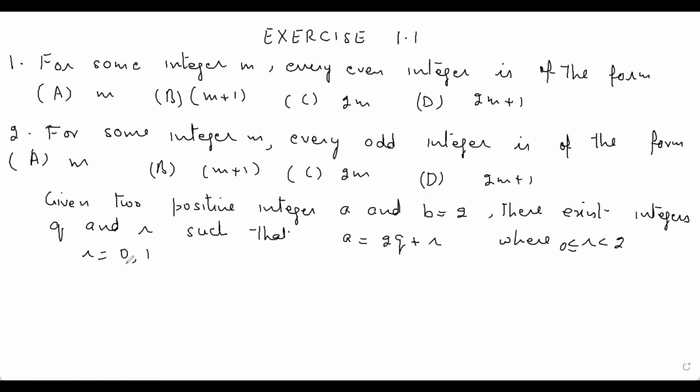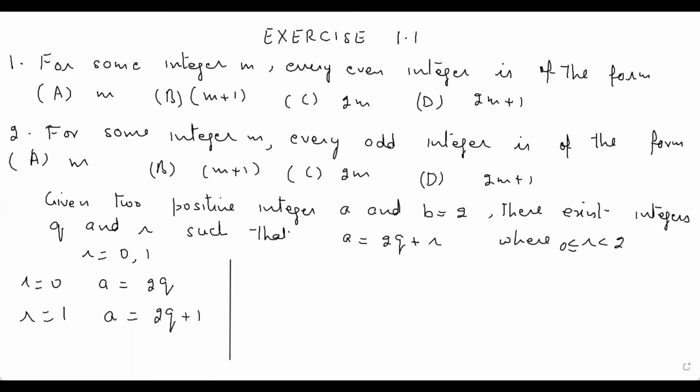Here values of r are 0 and 1, because r lies between 0 and 2. If r is 0, a is equal to 2q. If r is 1, a is equal to 2q plus 1.